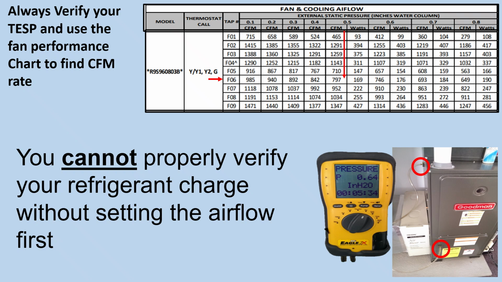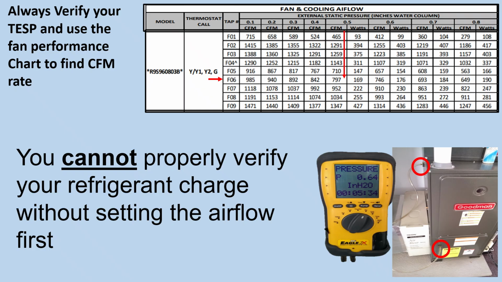Always verify your total external static pressure and use the fan performance chart to find the CFM rate. And you cannot properly verify your refrigerant charge without setting the airflow first. And that's the point of all this: you've got to do this to keep your sensible heat ratio where it is.